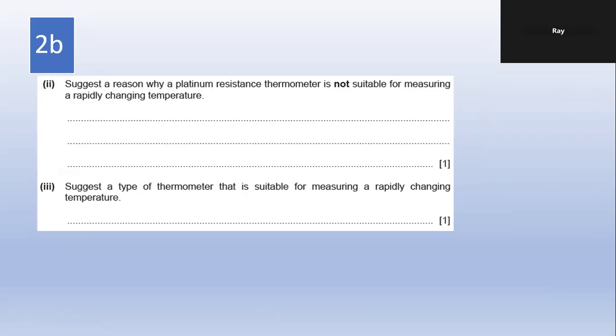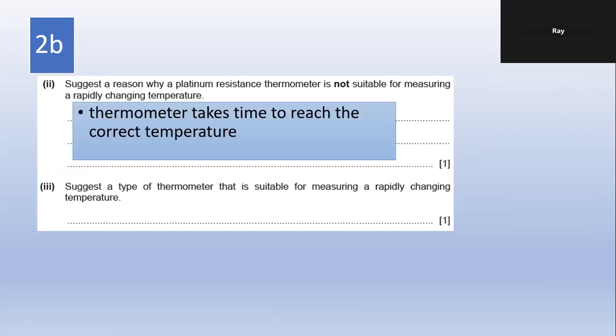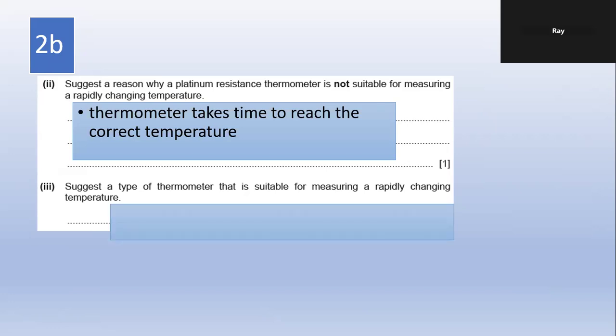Because I remember this one is like, takes time to respond, basically. Take time to respond. No? The thermometer takes time to reach the correct temperature. Take time to respond. No? Suggest a type of thermometer that is suitable for measuring rapidly changing temperature.